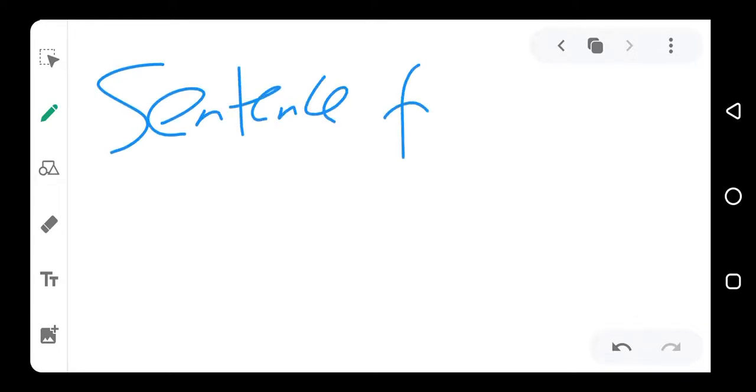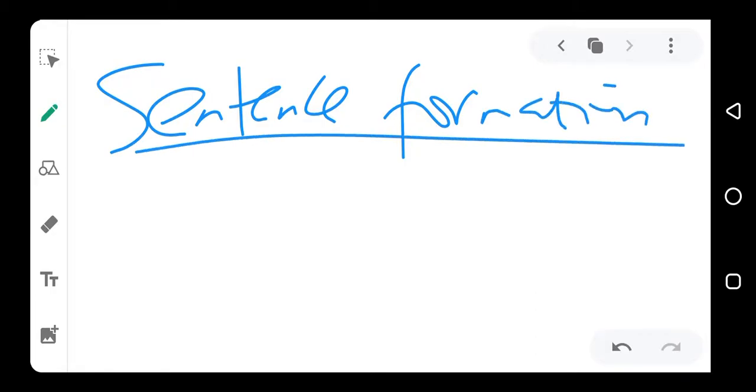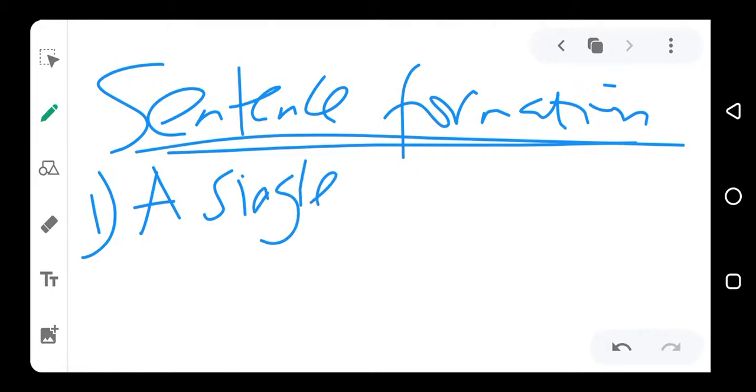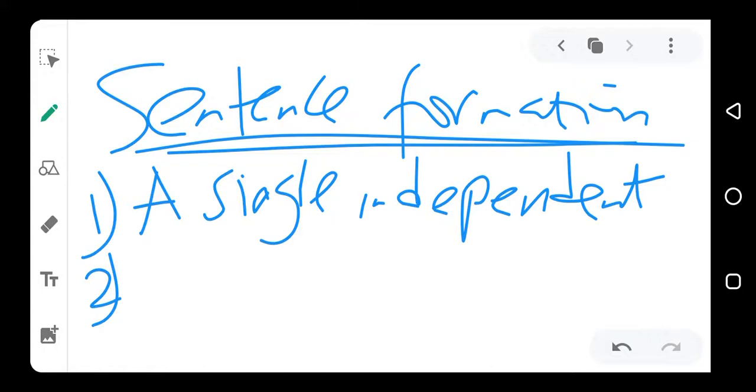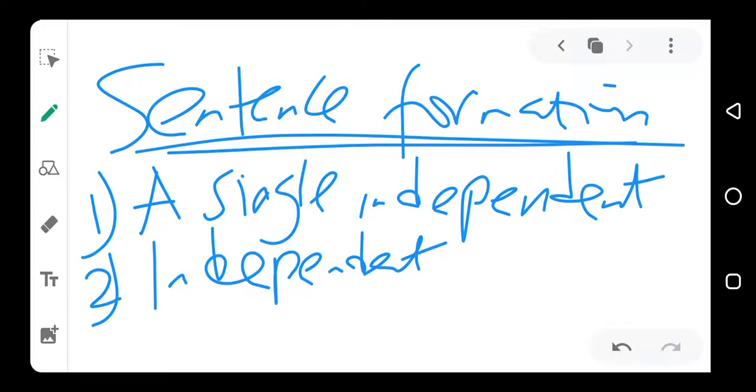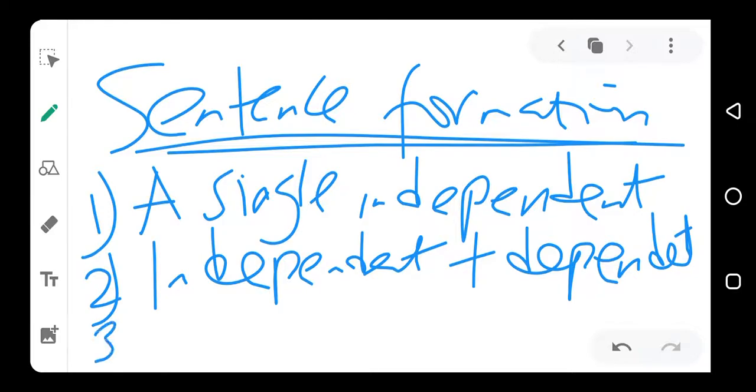So in sentence formation using clauses, we have: one, a single independent clause; two, an independent clause plus a dependent clause; and three, two independent clauses.